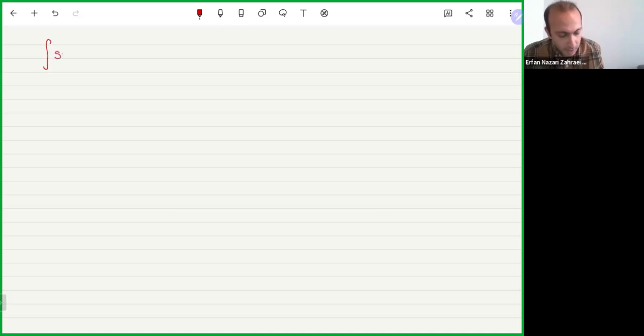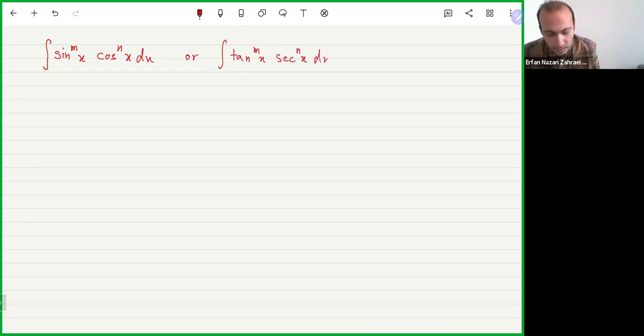Integrals like sine to some exponent times cosine to another exponent, dx. Integrals like this, or like this, which has tangent and secant in it. Our goal in this section is to compute such integrals.